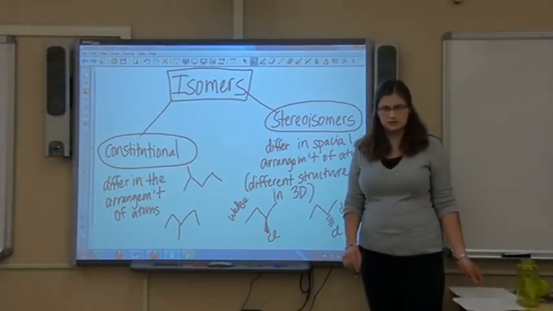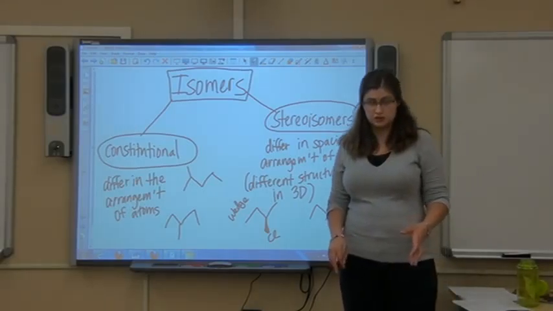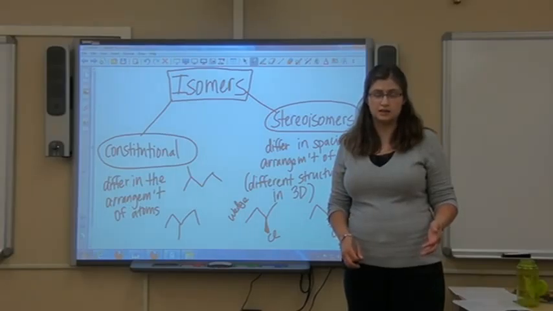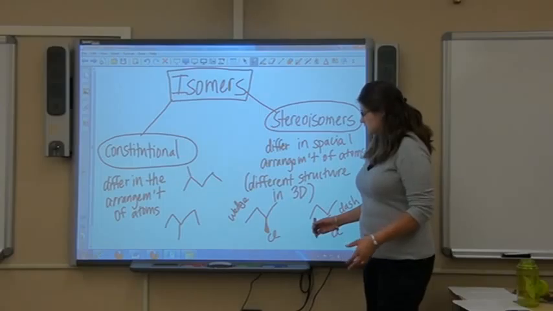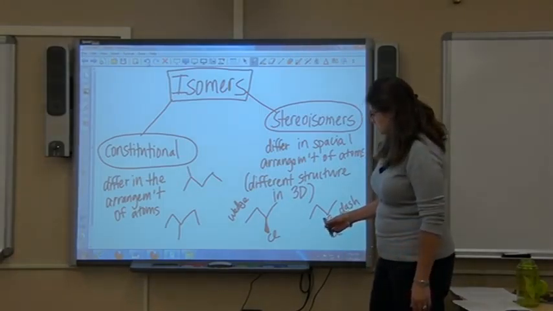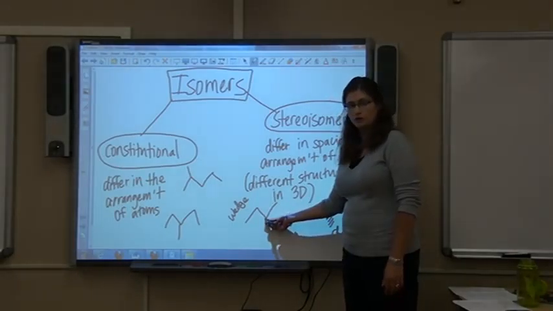Now, this is not something that I need you to be really proficient at. And I'm not going to ask you to draw any stereoisomers on wedges or dashes. But just to know what the notation looks like, this means that this chlorine atom is coming out of the board.